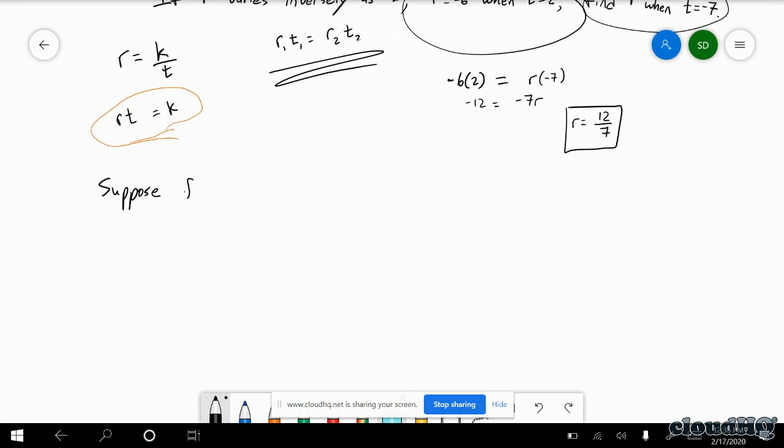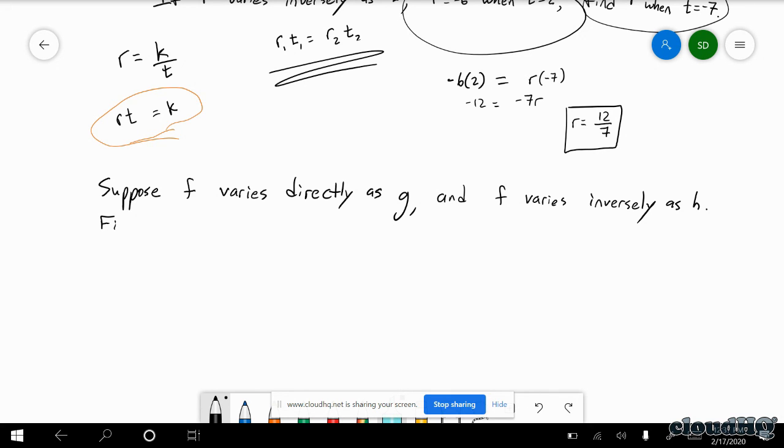f varies directly as g, and f varies inversely as h.